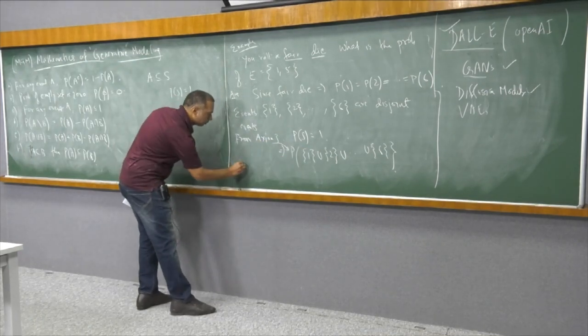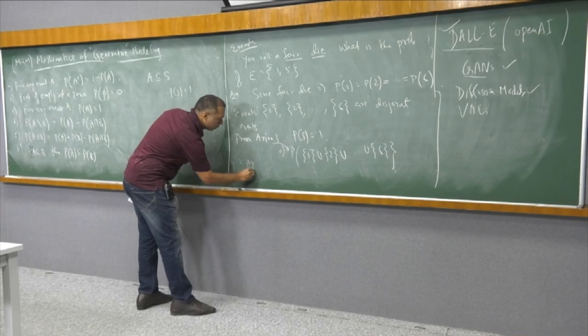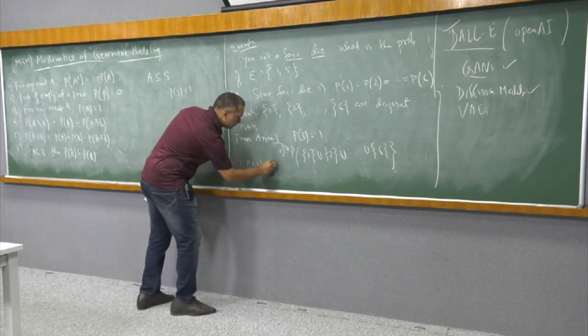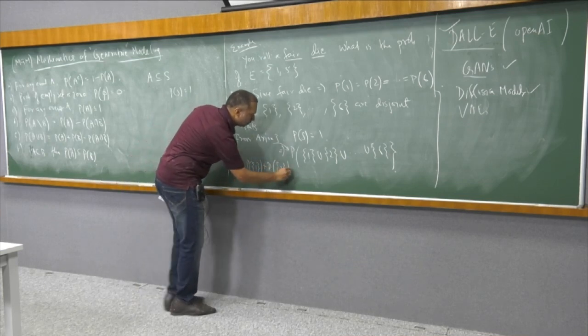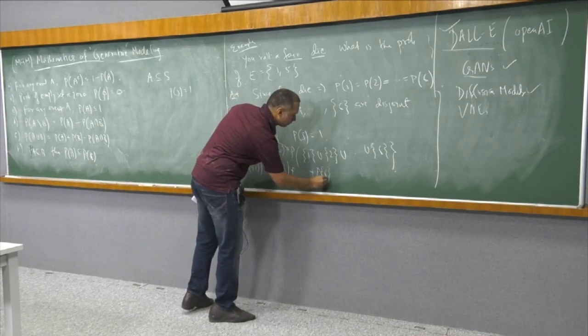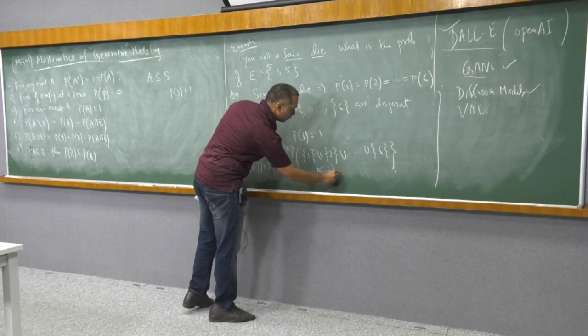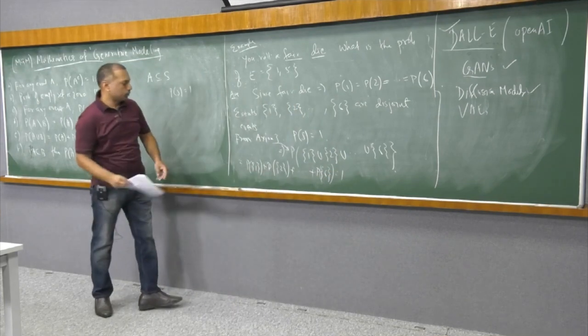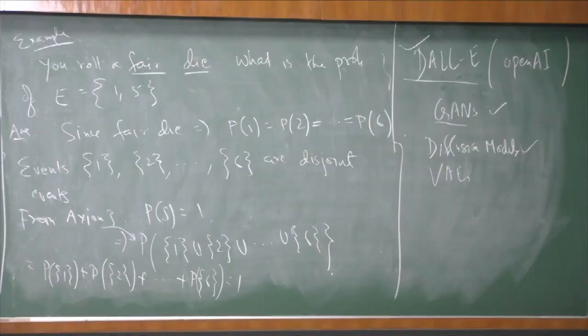So this is the sum P1 plus P2 plus up to P6, which is 1. But all of these are equal, because P1, P2, P3 are equal.